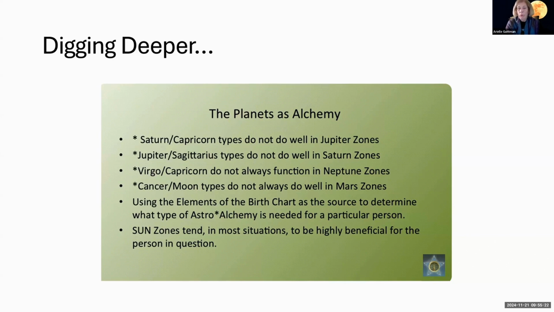And Virgo Capricorn people, let's say there's a big mix of Virgo and Capricorn, and I have a longtime friend who is Virgo Sun, Capricorn Moon, and she has been having a long transit of Neptune over her chart and also where she lives, and she's just been falling apart.